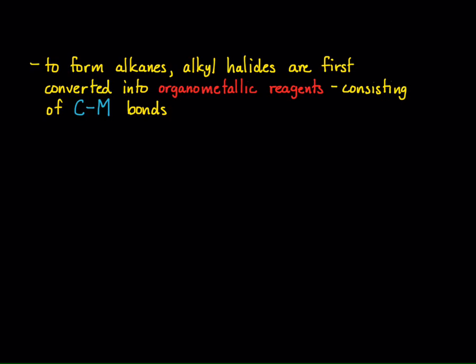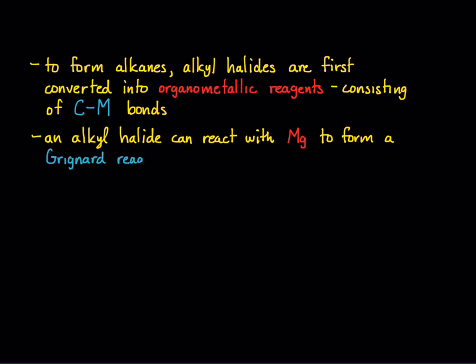What happens is an alkyl halide can react with magnesium to form what's called a Grignard reagent, or it can react with lithium to form an organolithium reagent. So these are two metals that we're going to focus on. Now, there's lots of other metals that make organometallic reagents, but these are the two foundational organometallic reagents: Grignard reagents and organolithium reagents. We're going to take a look at each one of them.